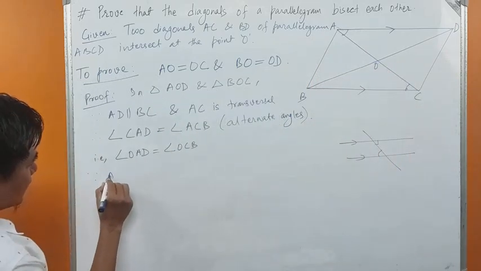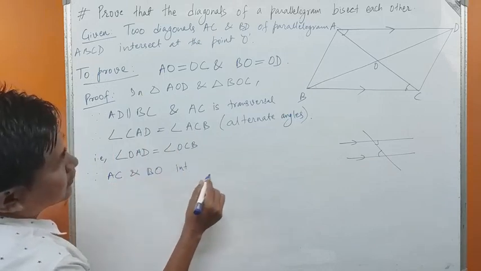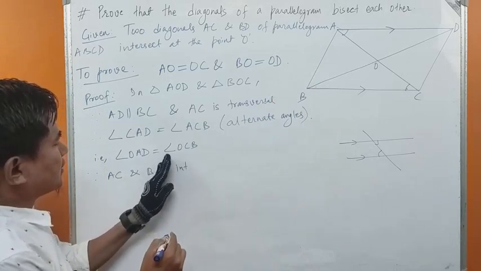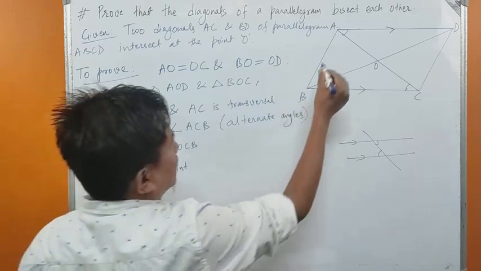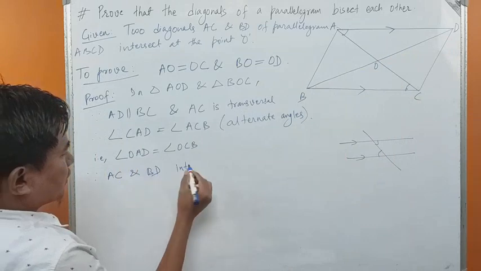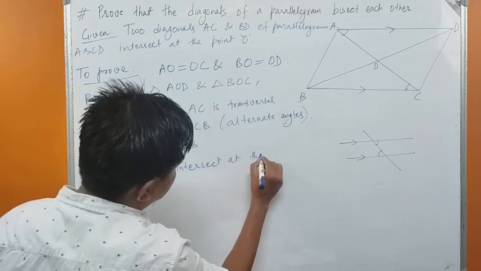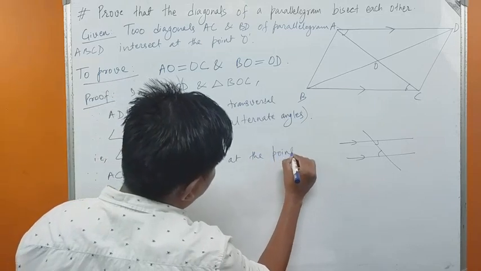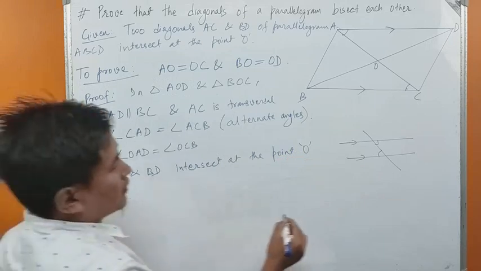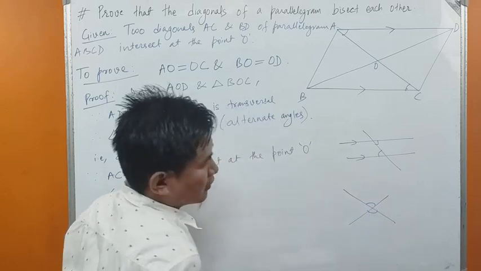Now you can see AC and BD intersect at the point O, isn't it? Which means if two lines intersect like this, then this angle must be equal to this angle, opposite angles.